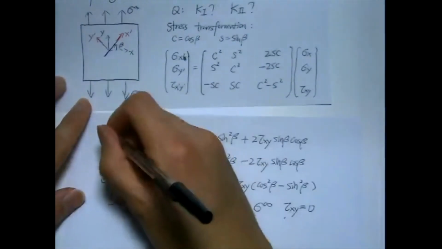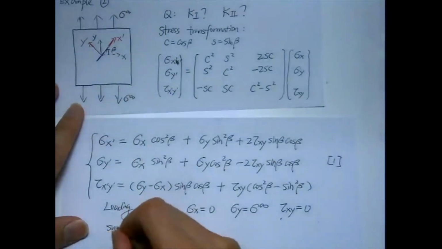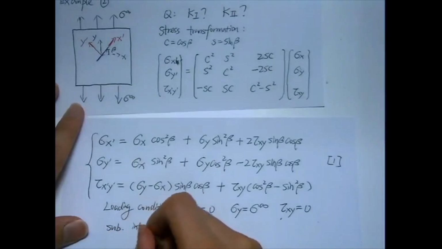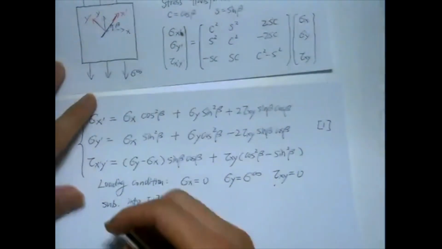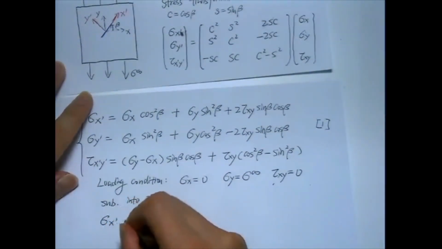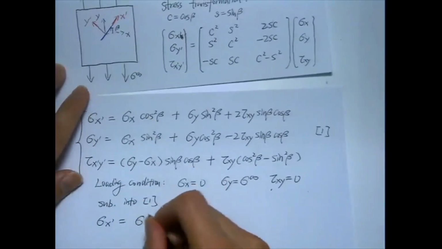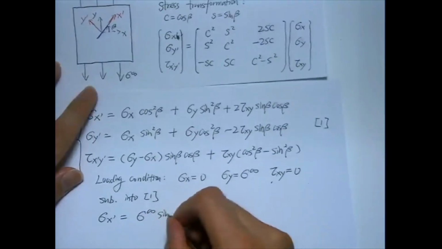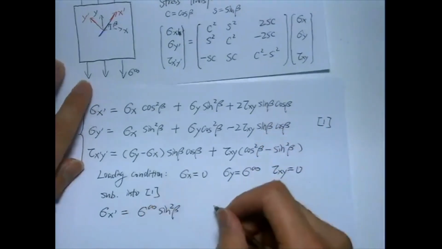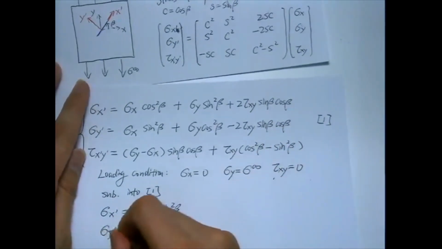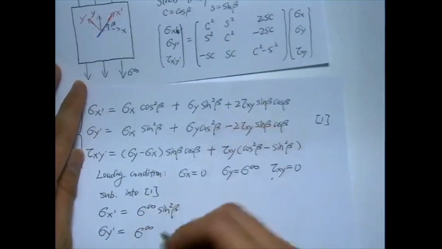So we substitute that into the equation. Let's say that whole term is equation 2. Substitute that into equation 1, so you get a simplified version. That cancels out. Now you have remote stress times sine beta squared. And this is equal to 0. And similarly, sigma y: we cancel that out, then you have this term left.